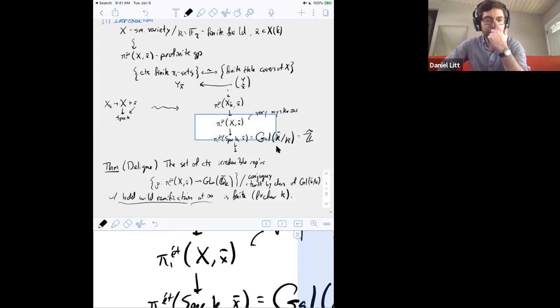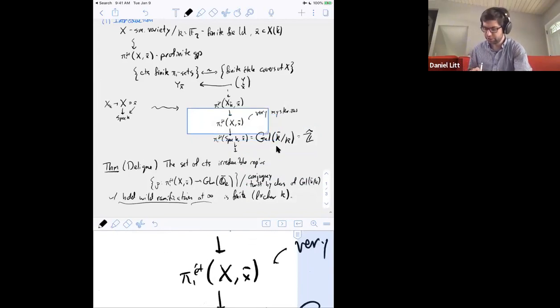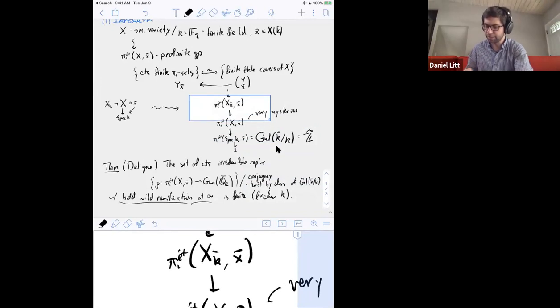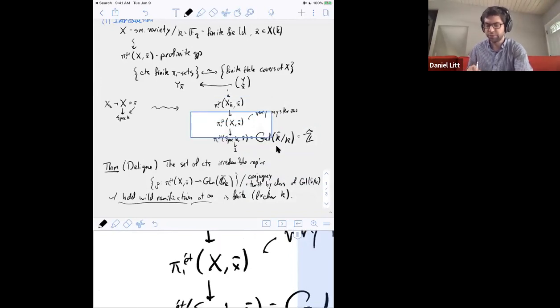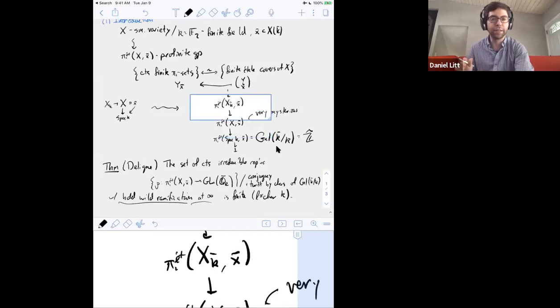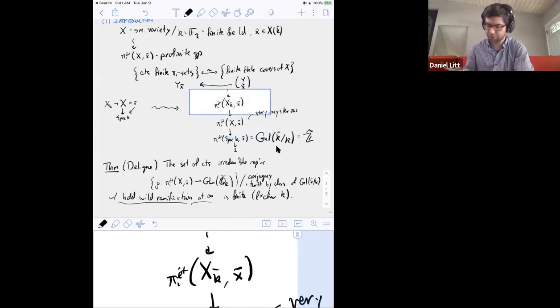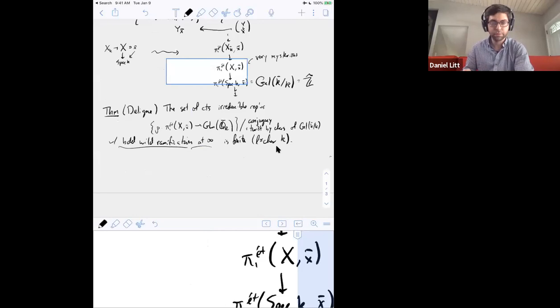So another way of stating this theorem, which I'll use later, is that the set of representations of the étale fundamental group of x, so this middle thing, of x_k bar, this top thing, which extend to representations of this middle thing and have bounded wild ramification and are continuous, that set is finite. So does that answer your question, Cheng Ho? Okay, great.